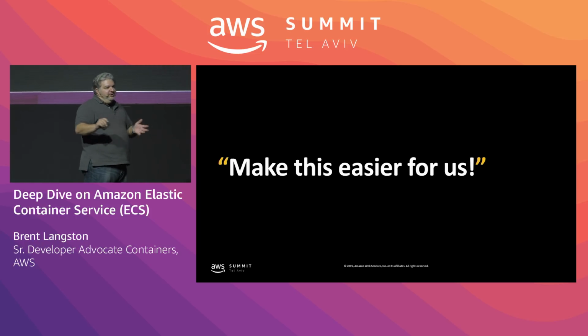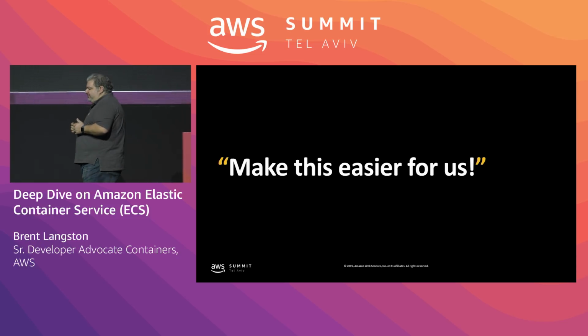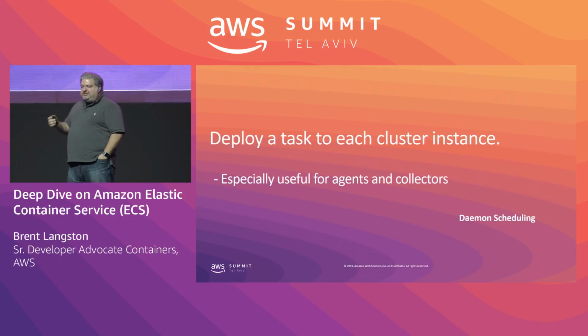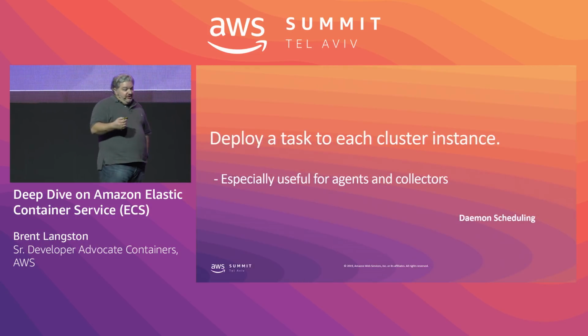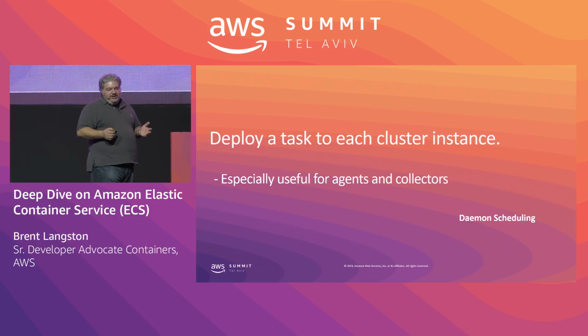And then they were deploying a task or a service that was sized so that there would be one deployed to every host in their autoscale group. So for Daemon Scheduling we said, oh, look, this is an easy solution for us. We can come out with this feature and solve a lot of problems.